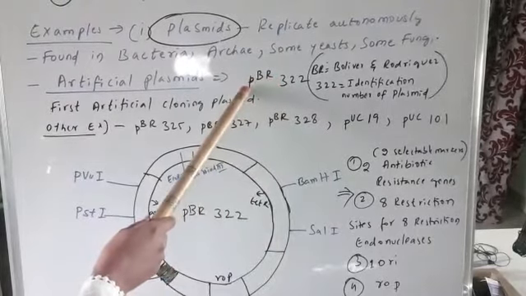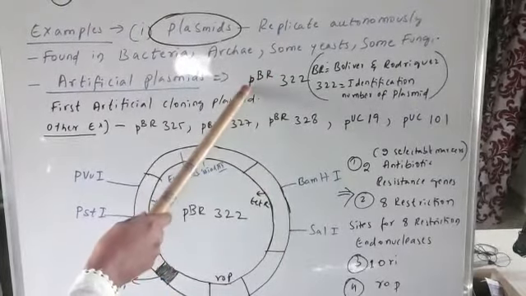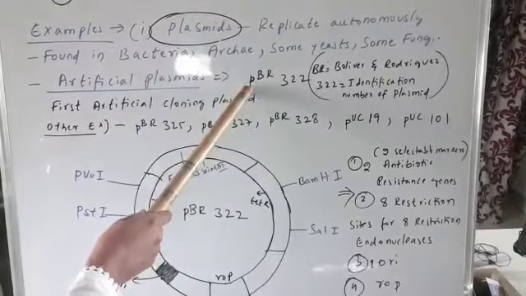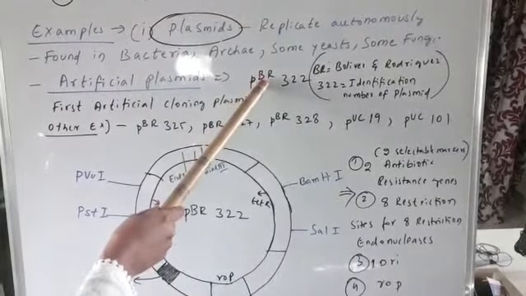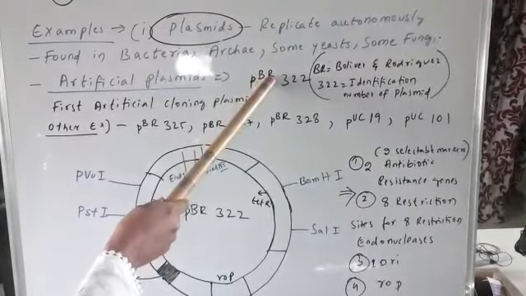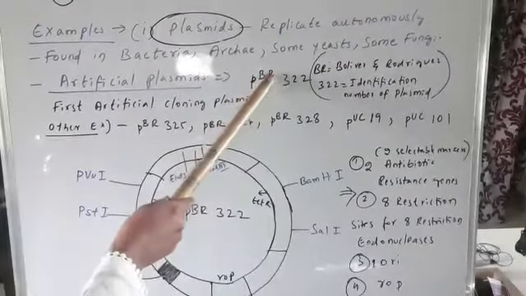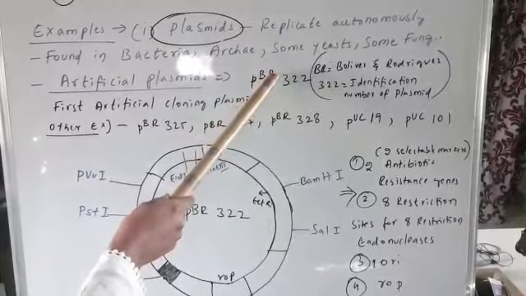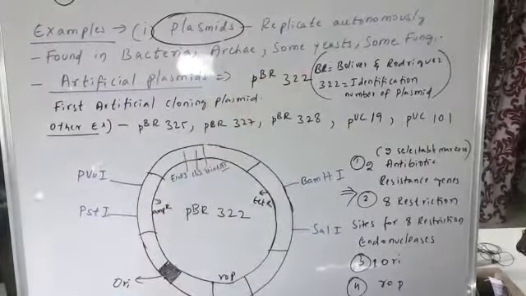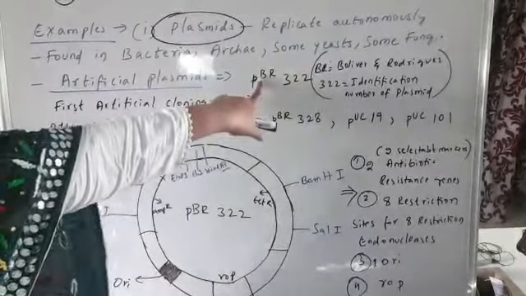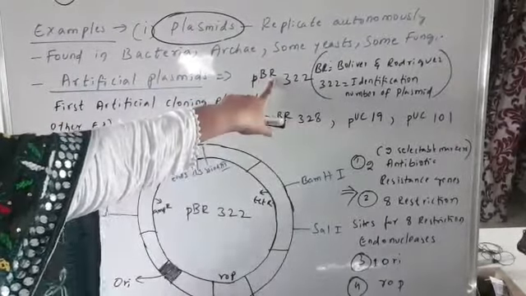Here p stands for plasmid, a lowercase p. B stands for Bolivar and R for Rodriguez.